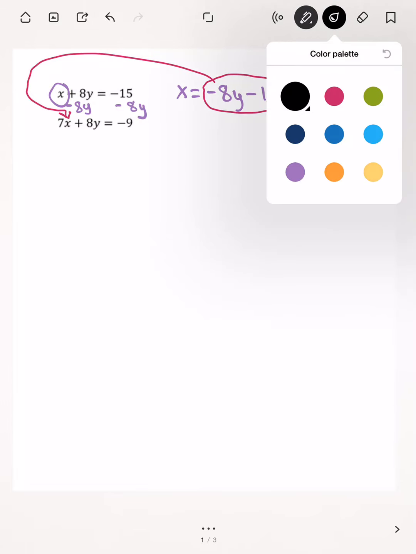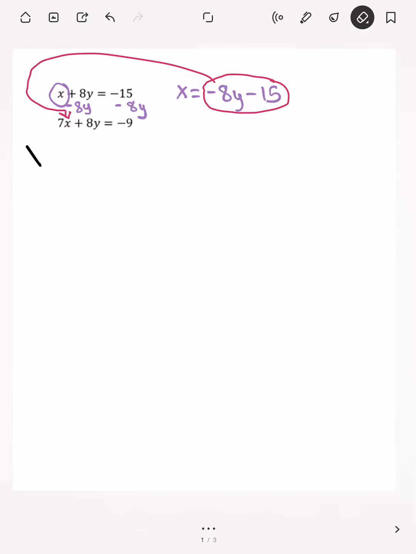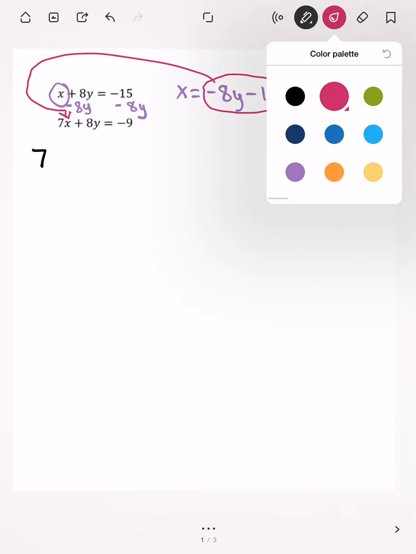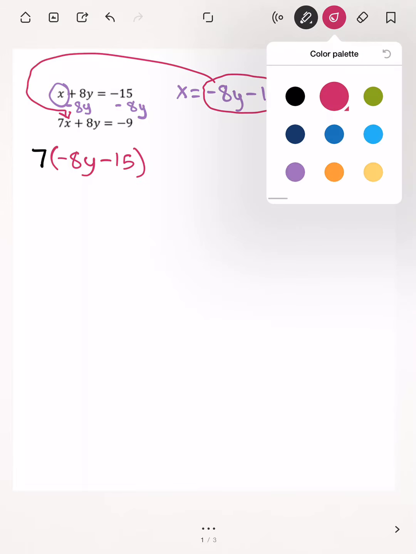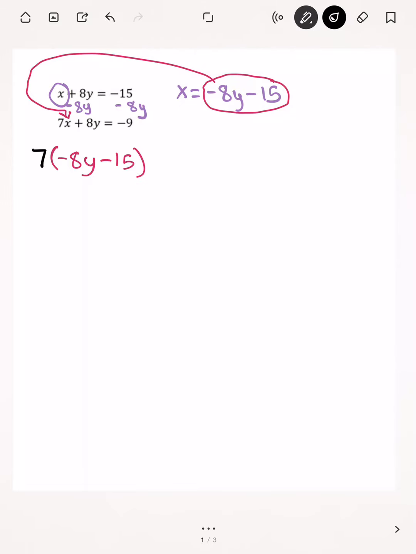So I have 7, but instead of x, I'm plugging in negative 8y minus 15, and I have my plus 8y equals negative 9.